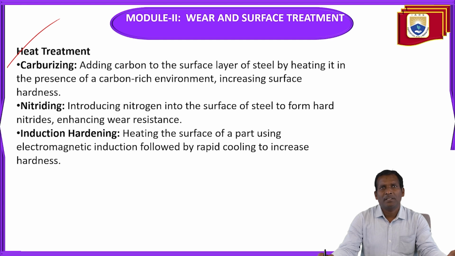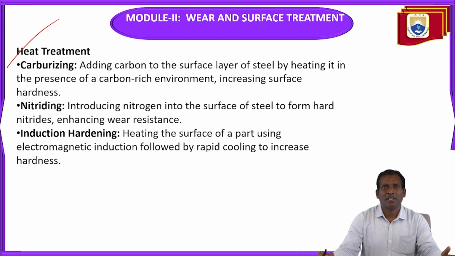The heat treatments are the carburizing process, nitriding process, and induction hardening process. Due to the carburizing process, the surface hardness increases. Carburizing means adding carbon to the surface layer of steel by heating it in the presence of carbon.